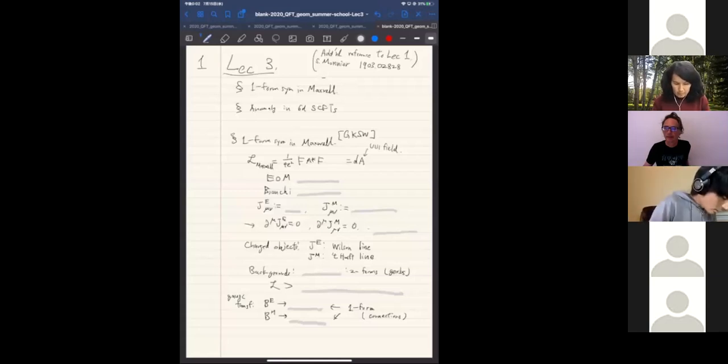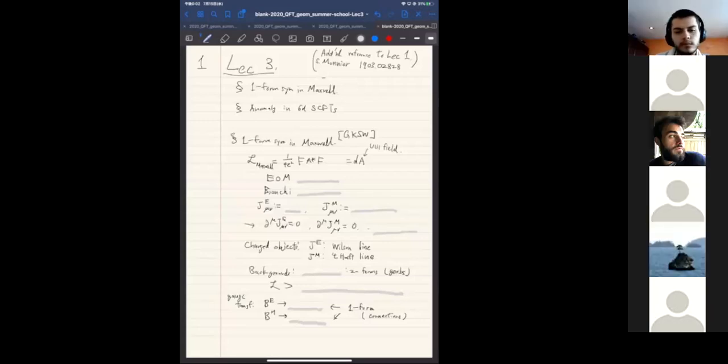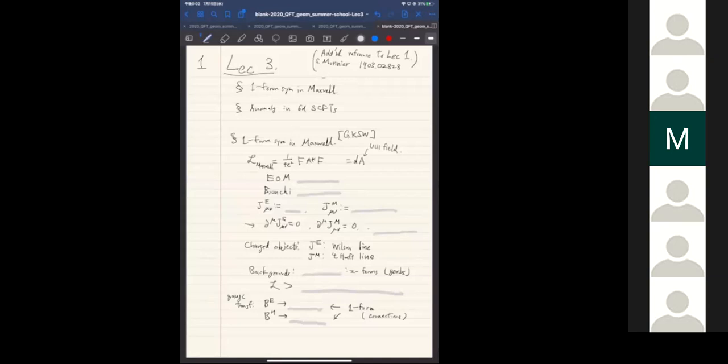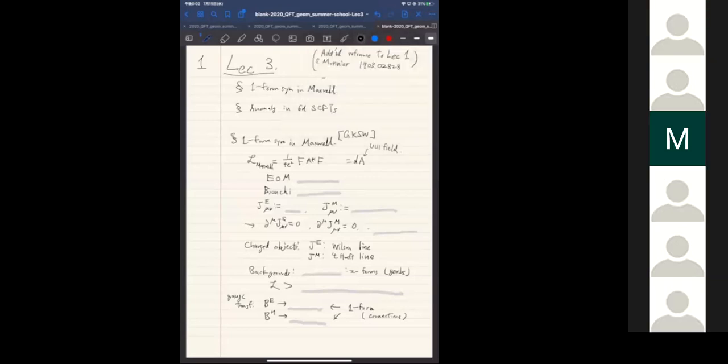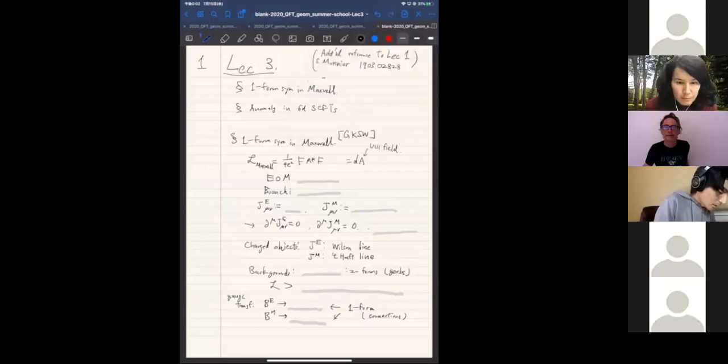Today I will first talk about the one-form symmetry in the Maxwell theory. And then I will talk about the 6d anomaly in the 6d superconformal field theory, because I guess that next week Fabio and Ivan will both talk about those. So it's good to know at least how to compute the anomaly in this case.